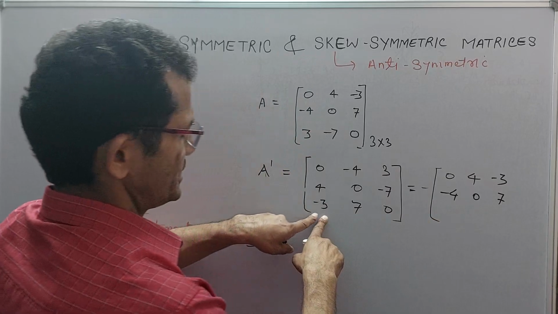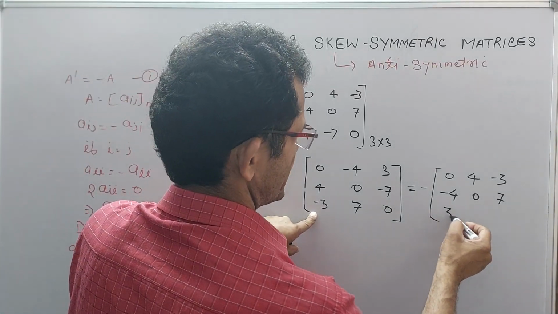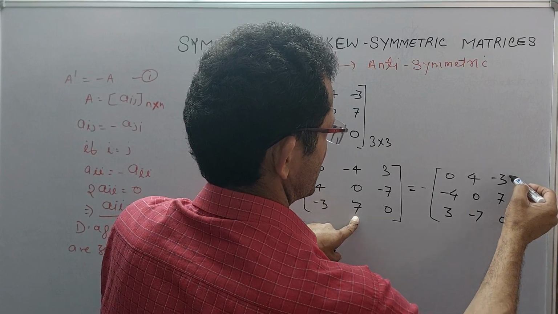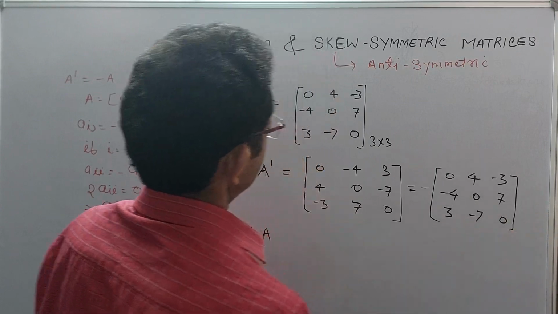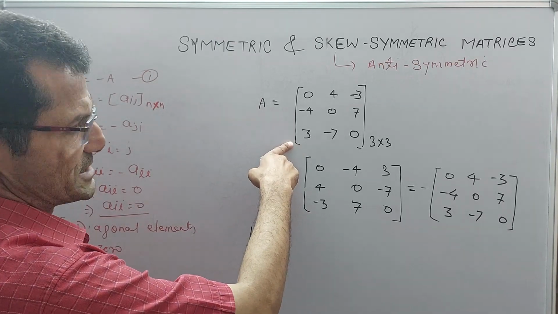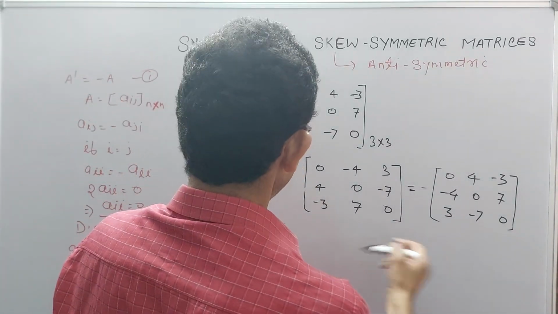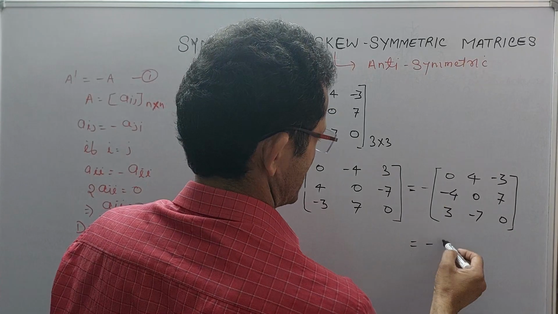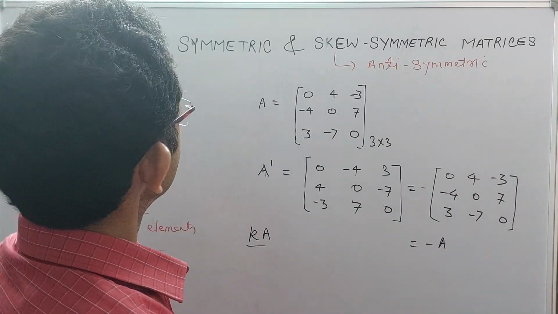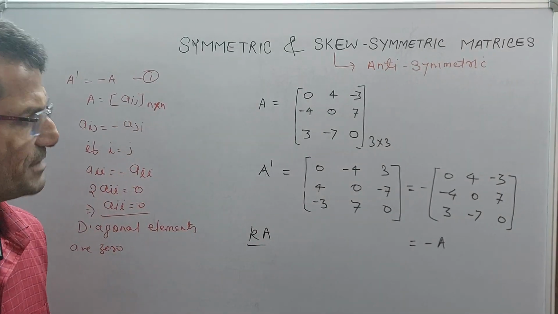Here the negative of 3 will be minus 3, the negative of this will be minus 7 and 0. So this expression will be the same as matrix A. So we can write it, transpose of A will be minus A. This is the case of the skew symmetric matrix.